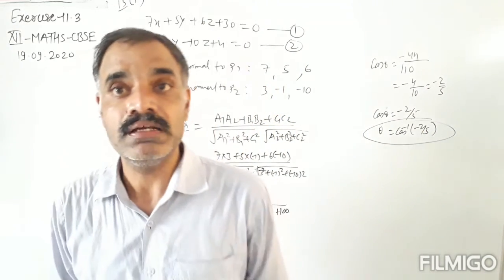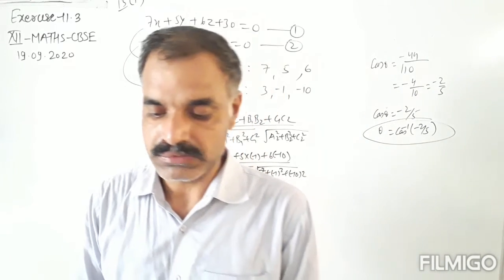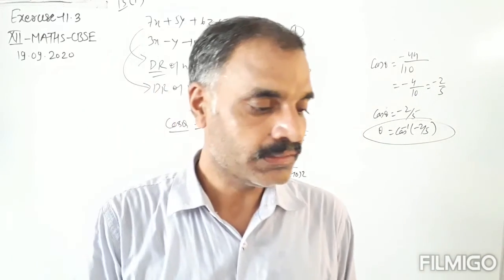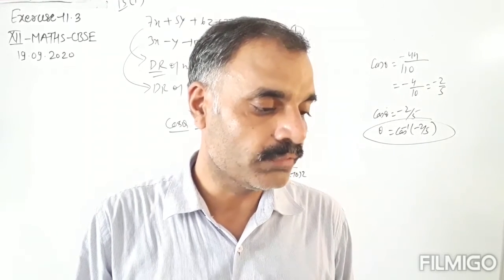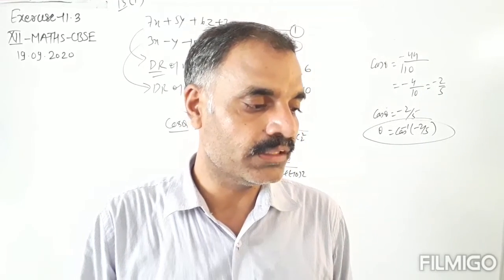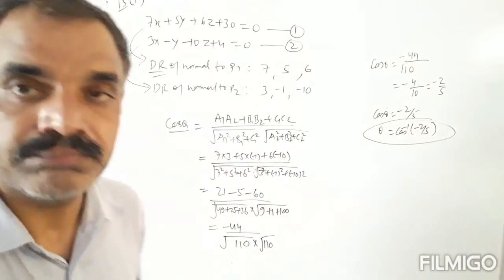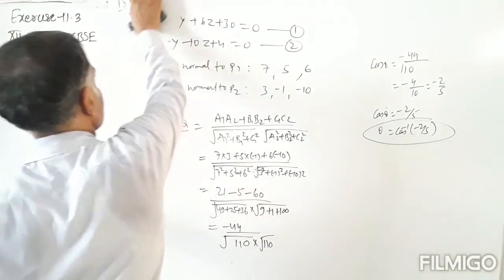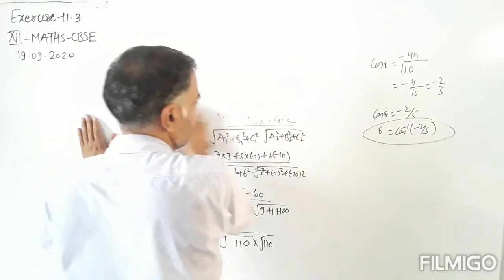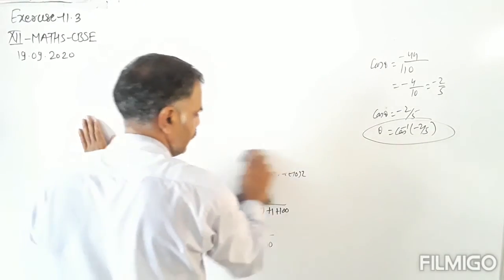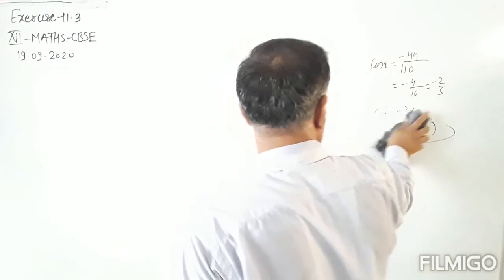This is question number 13. Now let us take question number 14: in the following cases, find the distance of each of the given points from the corresponding given planes. Here in question 14 we have to find the distance between a point and a plane.